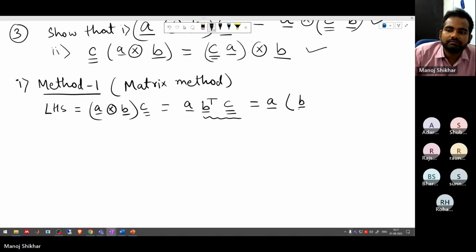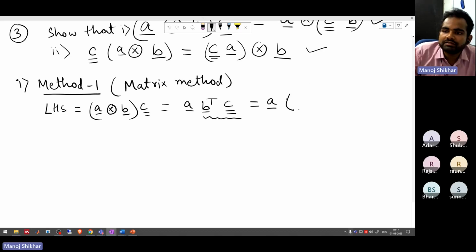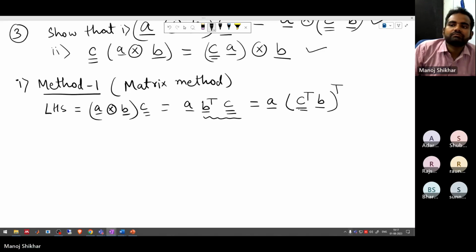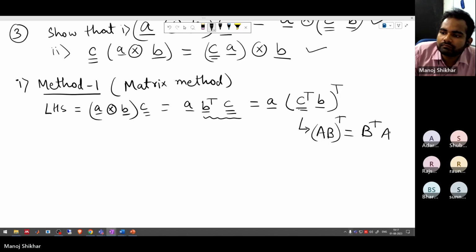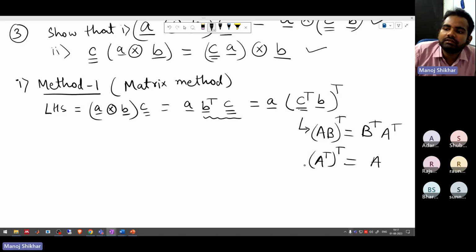Now look at this part. Can we replace this by using C transpose into B transpose? Just think about it for a moment. How was I able to write it? I've used a matrix trick here. I've used these two properties of matrices. Transpose of a transpose is the matrix itself.